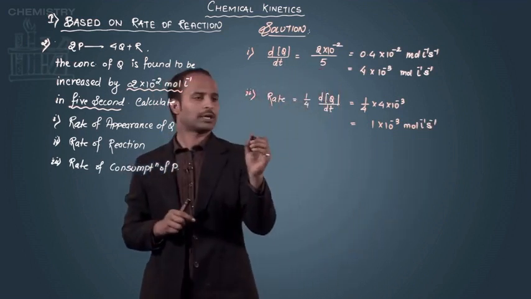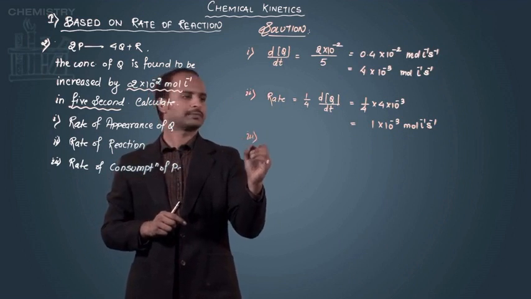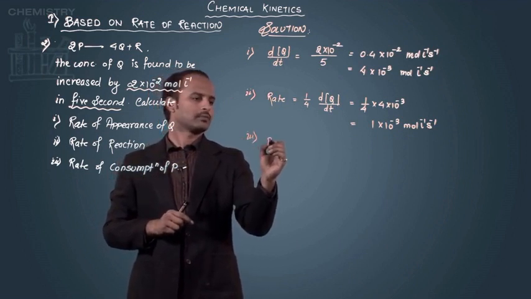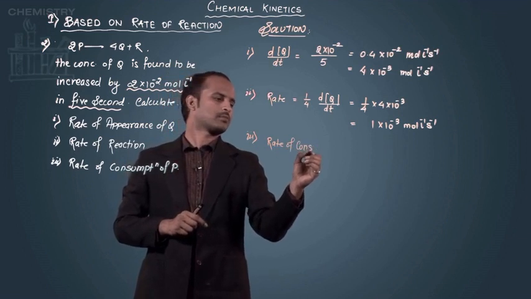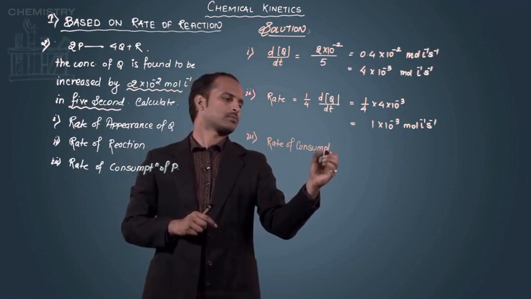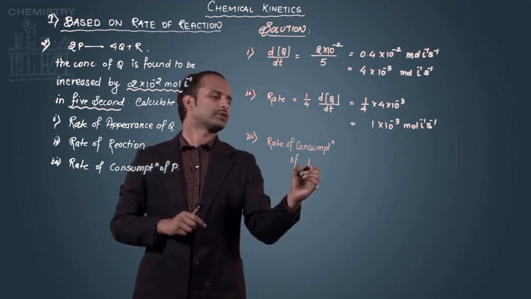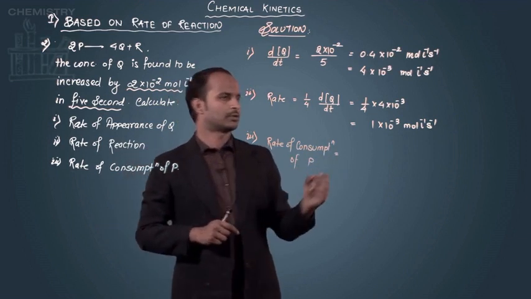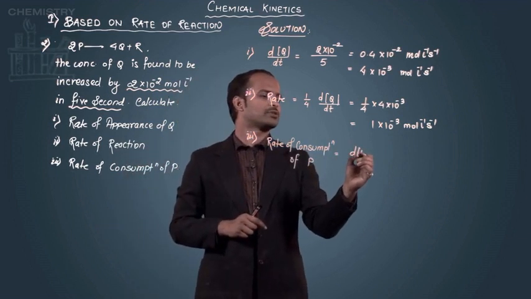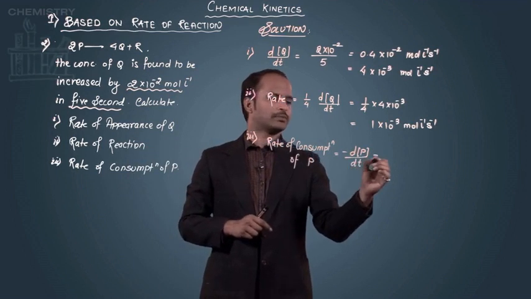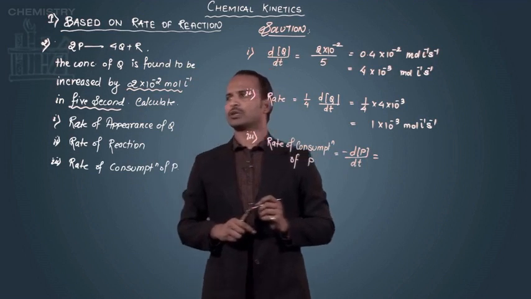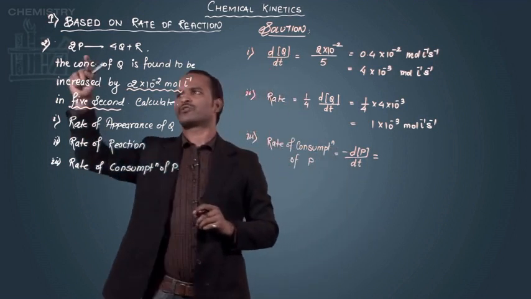Third one, we have to calculate the rate of consumption of P. So rate of consumption of P means we have to calculate minus dP by dt, which is equal to, now the rate of consumption of P is 2 moles.